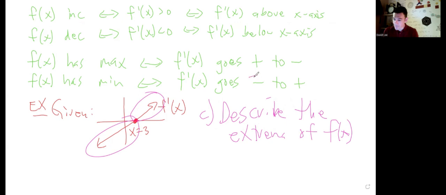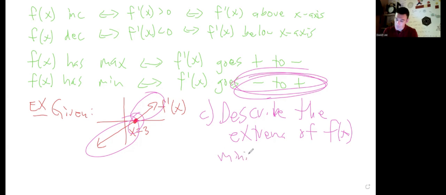So f has a minimum here at 3. We can say minimum at x equals 3. In this case, the graph of f does not have a maximum because the derivative never goes from positive to negative. It only goes from negative to positive.